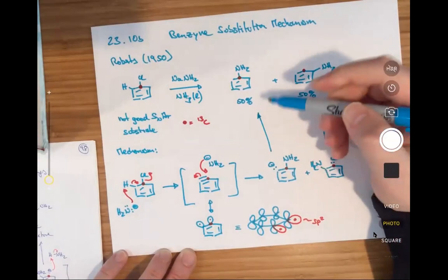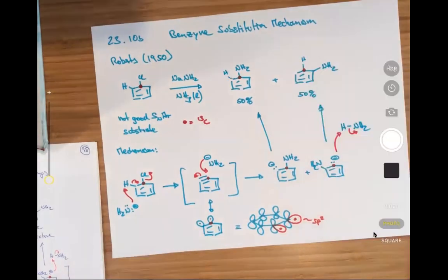So this is a little bit of an unusual mechanism, and it takes a little bit to get used to, but it's very well studied based on these isotopic labeling experiments where you basically follow the position of the C13.